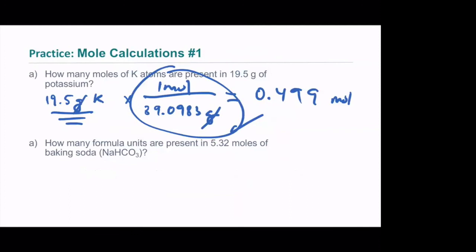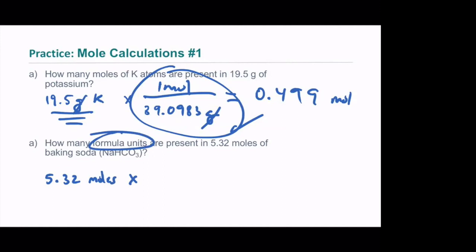The second one, how many formula units, that's like saying numbers, are present in 5.3 moles of baking soda? That is baking soda, sodium bicarbonate. That's what we have, right? And we're asked for units or particles, if you will.